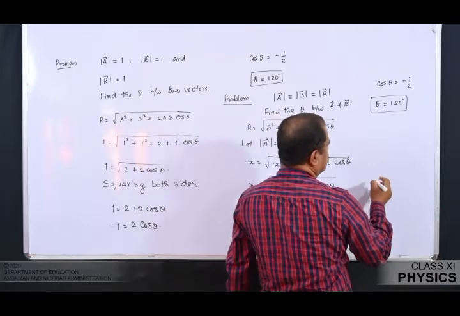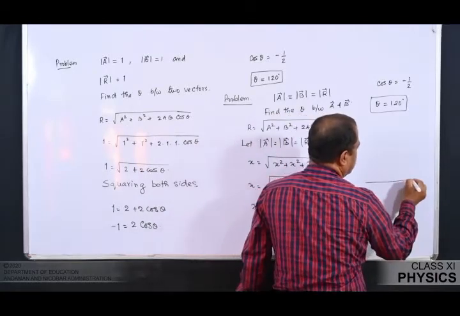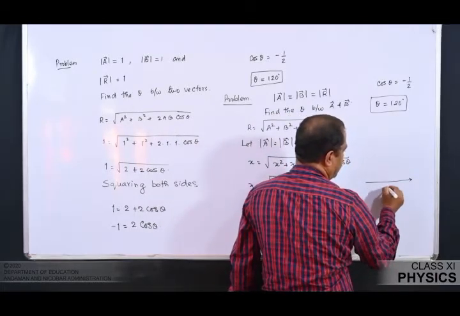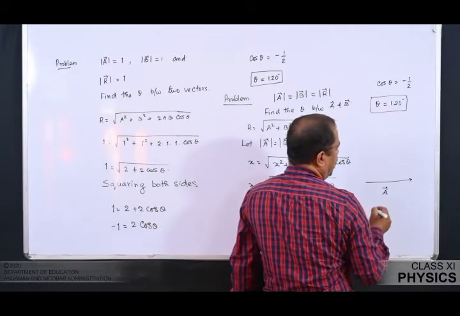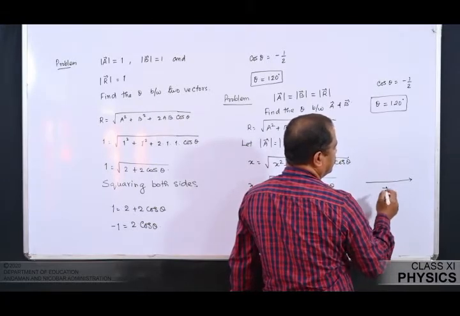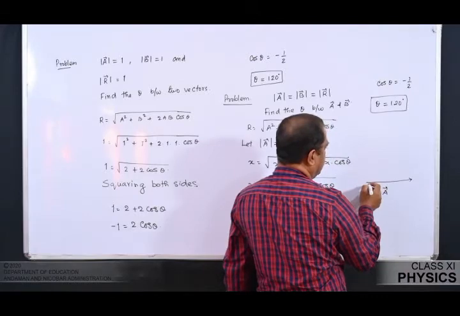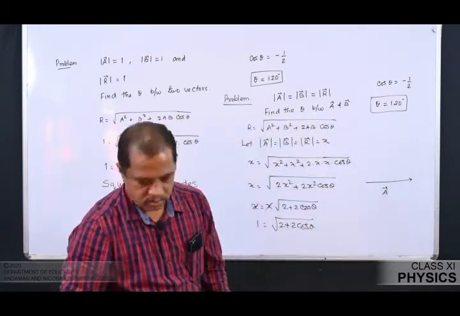How? Let me show it on the diagram. So let's say this is vector A and I want 120 degrees. Shall I rub this one to get some space?